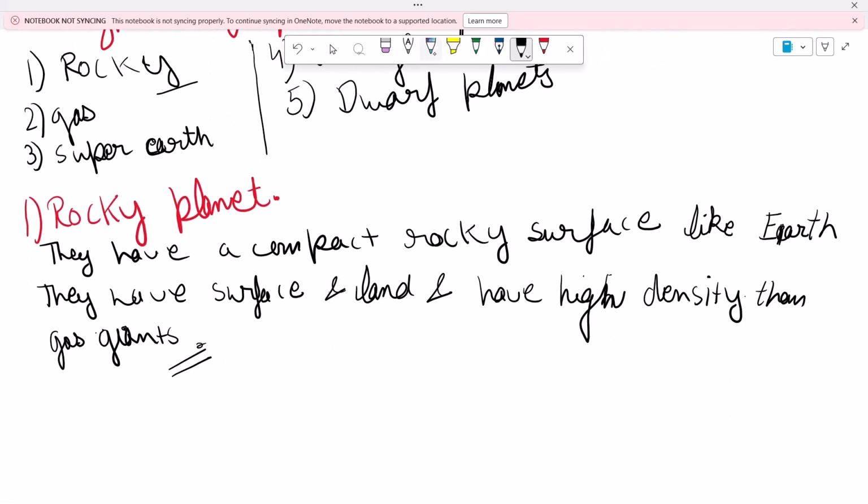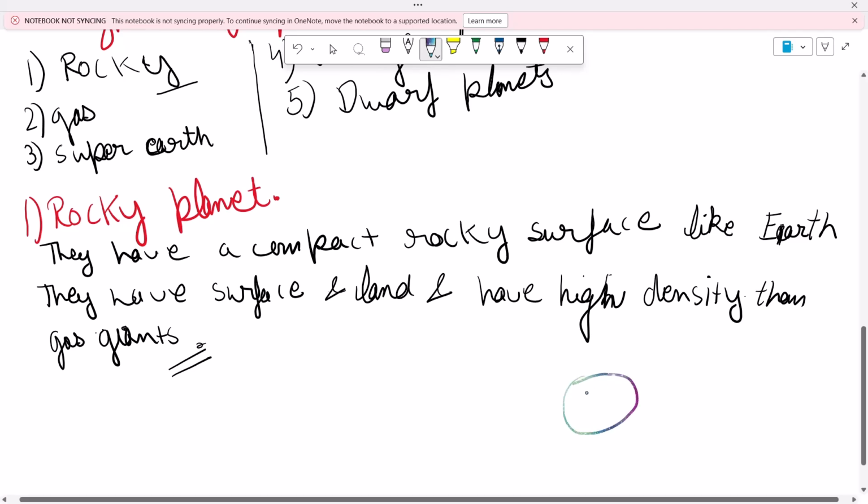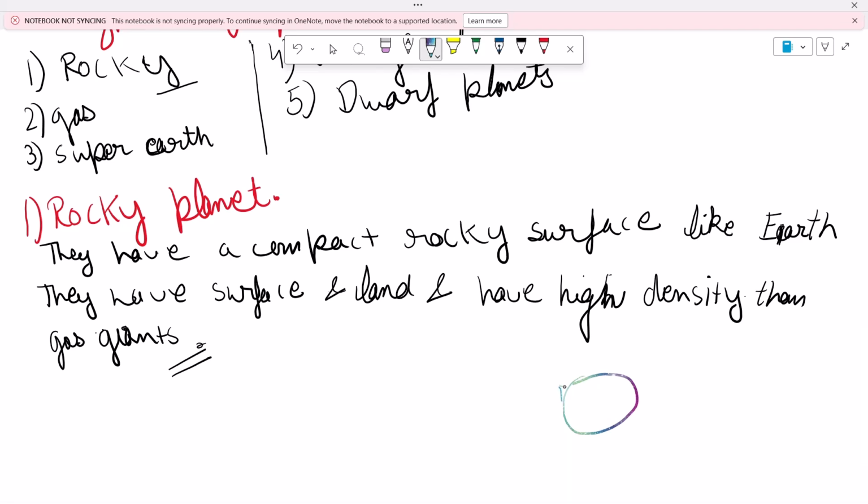Which means that suppose this is a rocky planet, over which a probe can land.